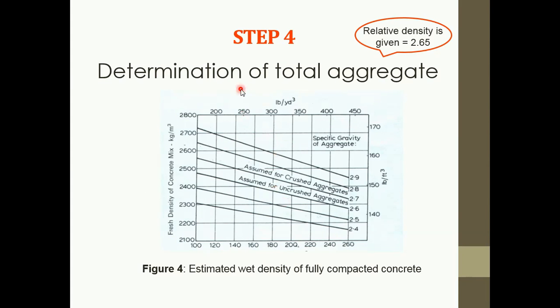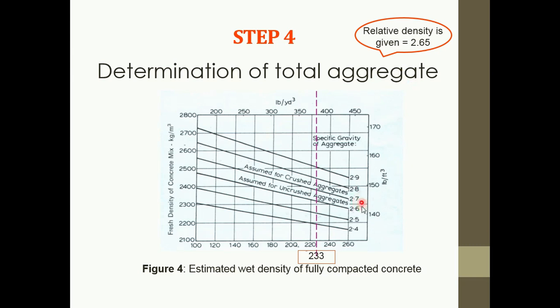Since in the equation it is given that the relative density equals 2.65, and this figure is for estimated wet density. Since our free water content we get 233, and our relative density equals 2.65, which is in between these two lines.